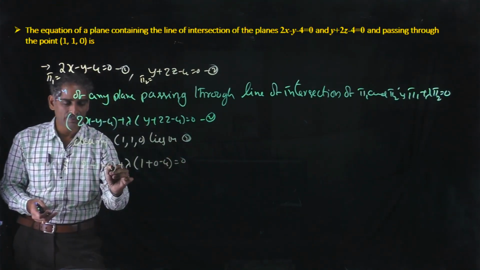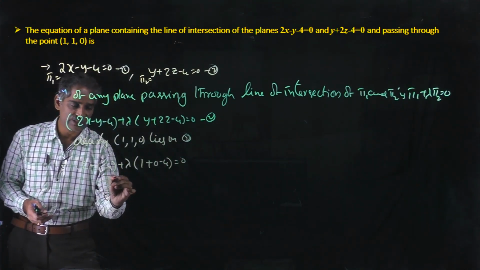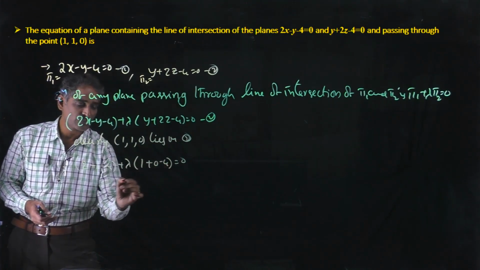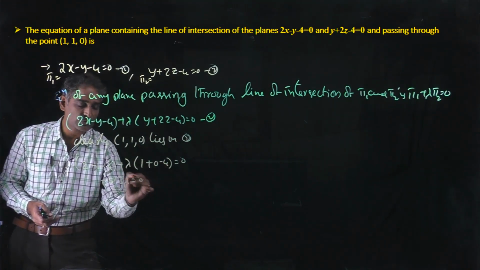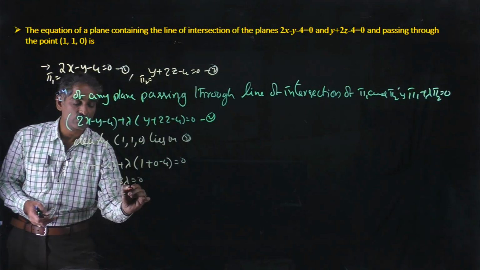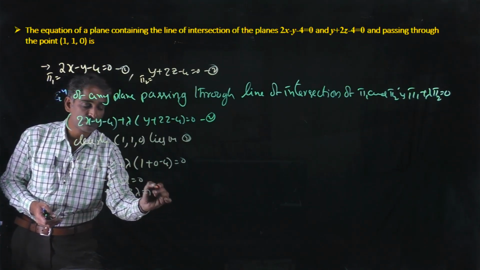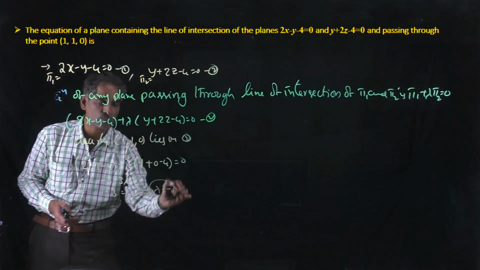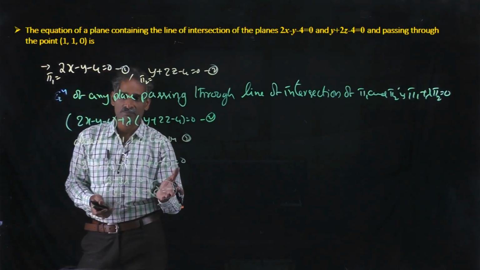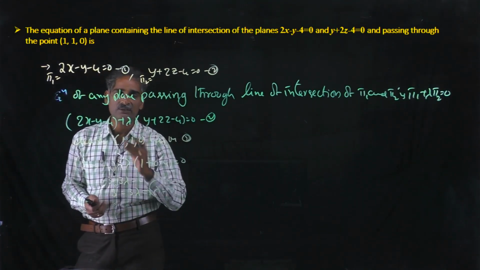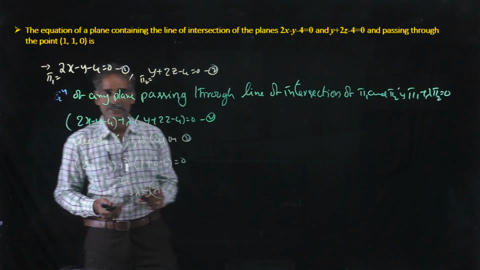That means 2 minus 4 plus lambda into 1 minus 4, that is minus 3 lambda, equal to 0. So minus 3 equal to 3 lambda, simply lambda is equal to minus 1. Just replace lambda by minus 1 in equation 2. You will get the required equation.